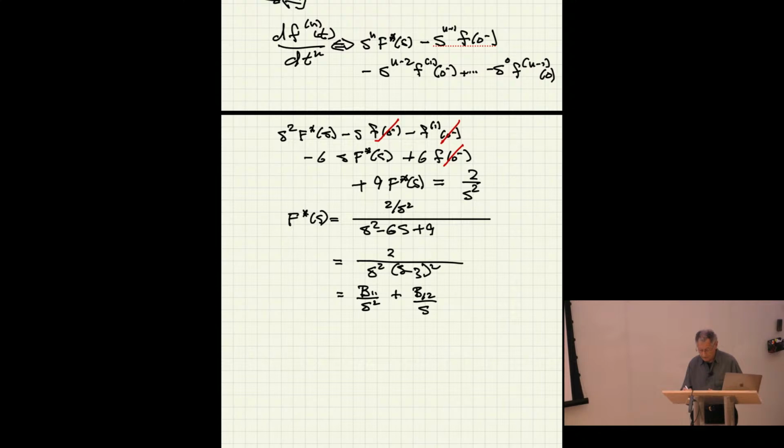So that's why I get 2 terms over here. This is like the multiple root case, but the root happens to be 0. Okay. So going on, plus I'm going to get a b21, the second root coefficient, over s minus 3 squared, plus a b22 over s minus 3.